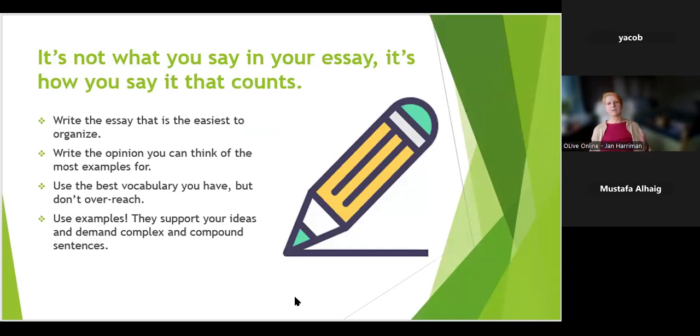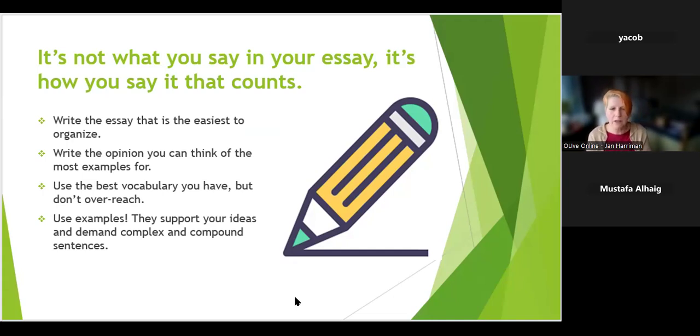So the important points that come from this, once again, it's not what you say in your essay, it's how you say it that counts. So write the essay that is the easiest to organize. Look at that question and figure out, okay, what do I do? When you're making that chart of ideas, what do I have the most ideas about? What are the most examples I can think of? That's the one to write. The opinion you can think of the most examples for, that's the one to write.